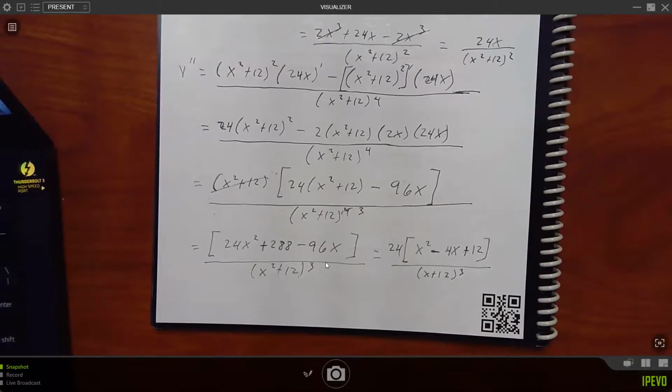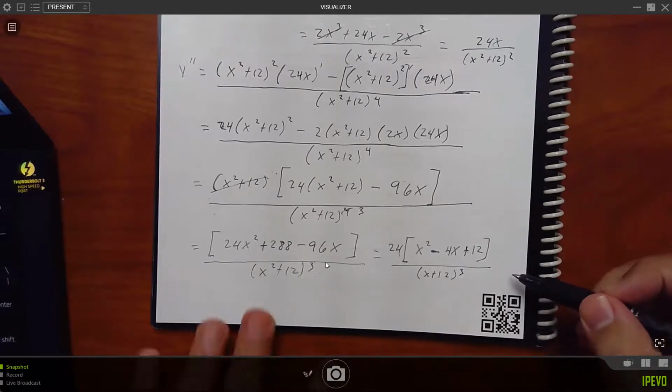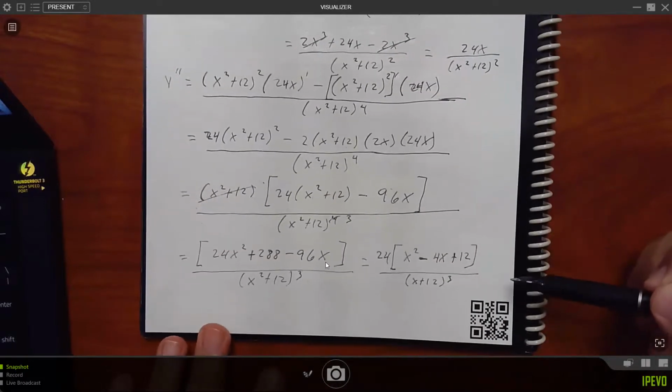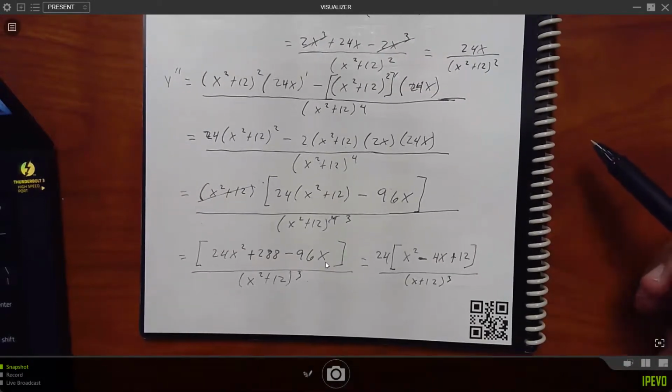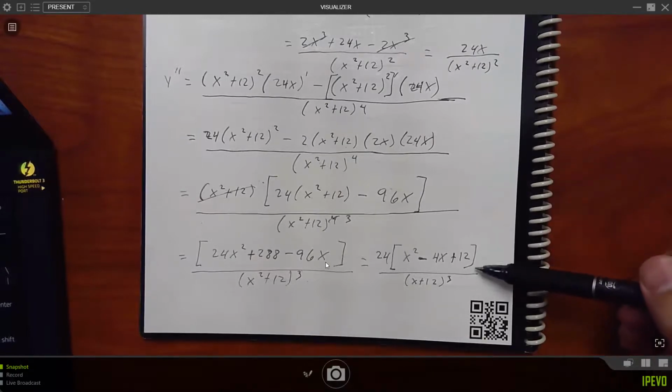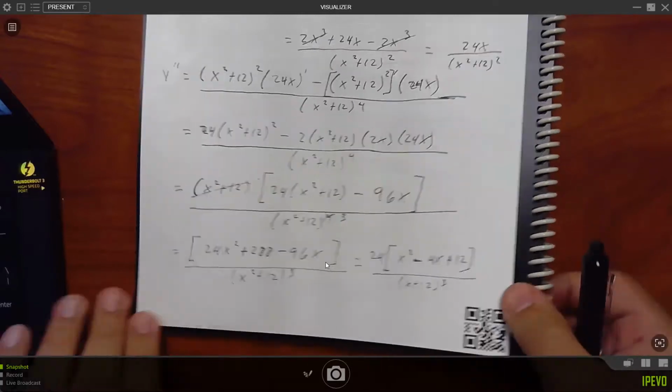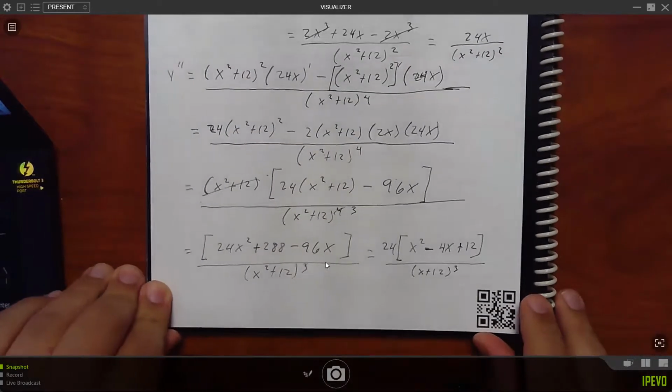All right, so we got the second derivative and we got the first. So now we're ready to start finding critical numbers and inflection points. And we can also use this to test the extremas with the critical numbers. You guys cool on this page?